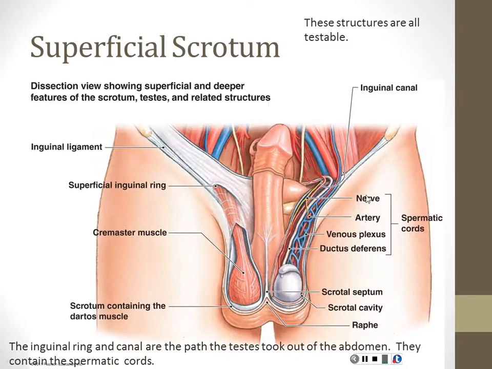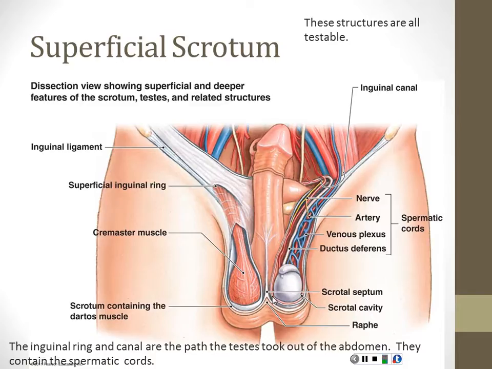Okay. So because the testis makes this journey, the anatomy is a little more complex for the testis and the scrotum than in other places in the body. Okay, so this is the final adult development.